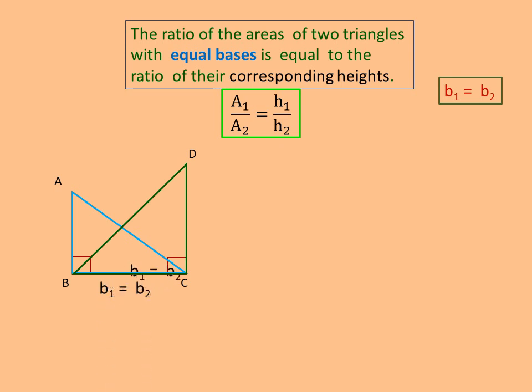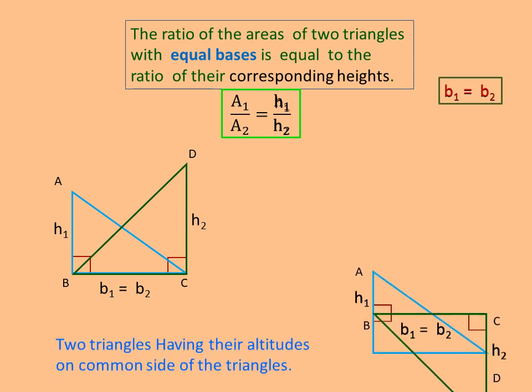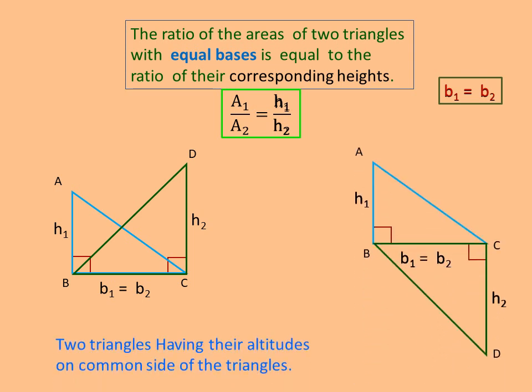So we will see this presentation now. B1 is equal to B2, and then H1 upon H2, how it is indicated, you can see here. Clear? So the same way, the same diagram you can have in this way also. See here, triangle ABC and triangle BCD.